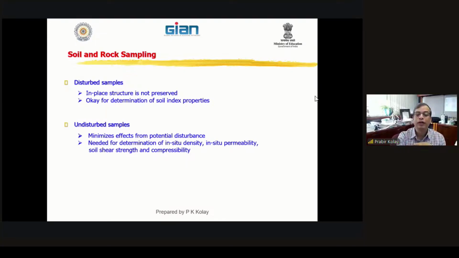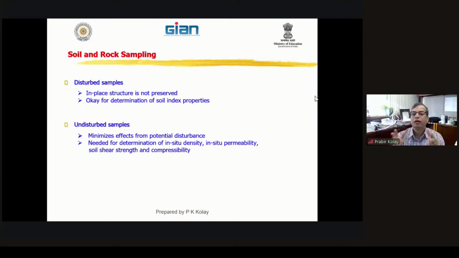We need an undisturbed sample because, as I mentioned in the last class, when it's a clay type of soil, clay has different fabric arrangements. It can be flocculated, it can be dispersed. Depending on that, although you can maintain the same density in the lab, you cannot really replicate the fabric.